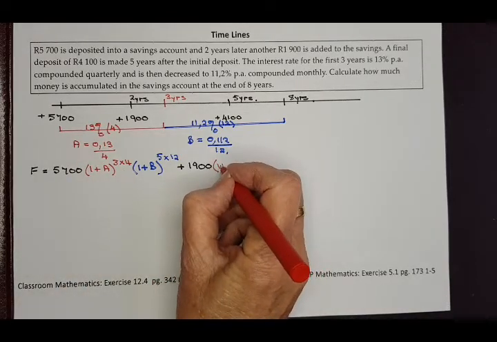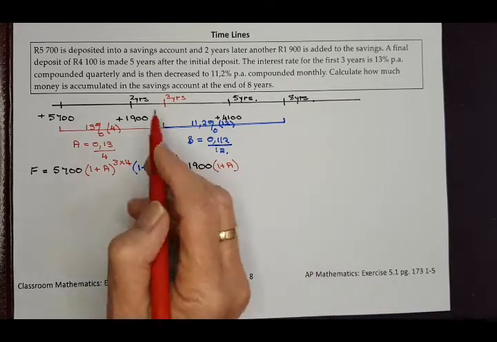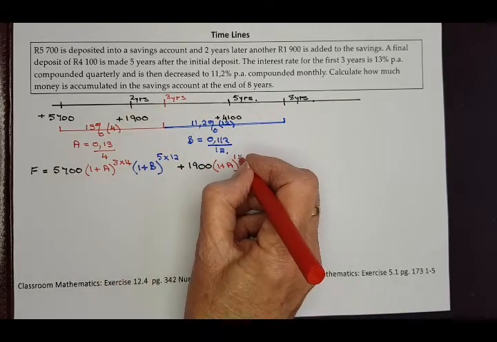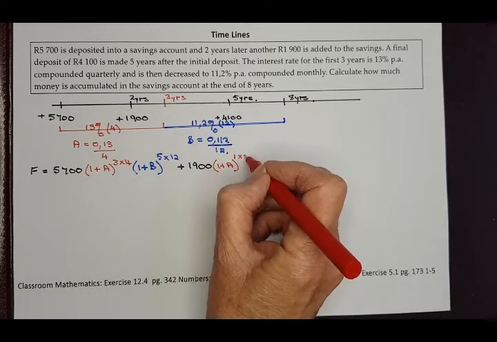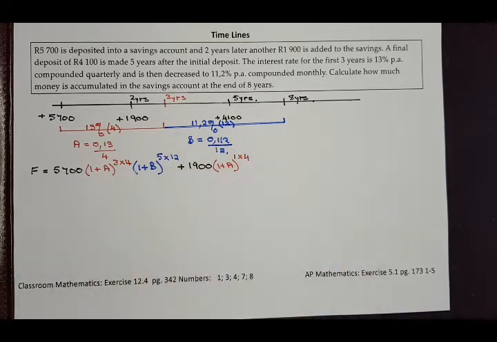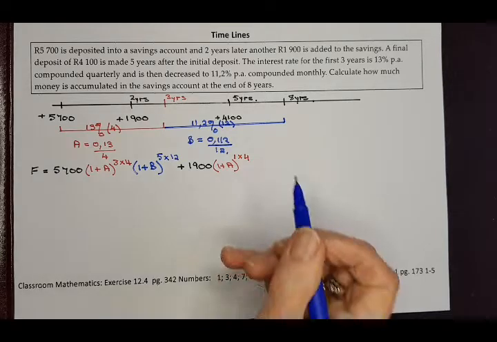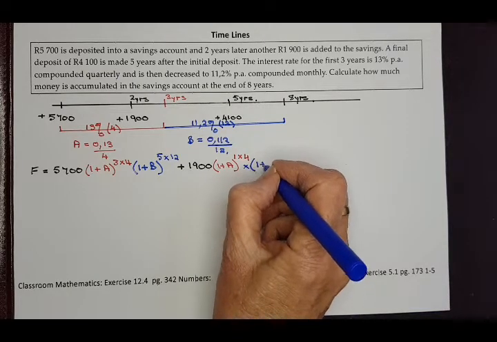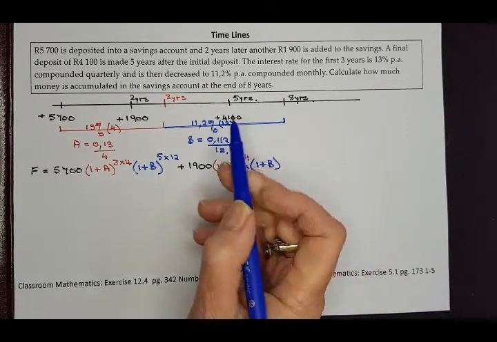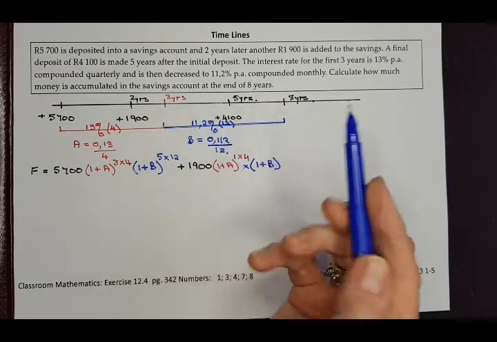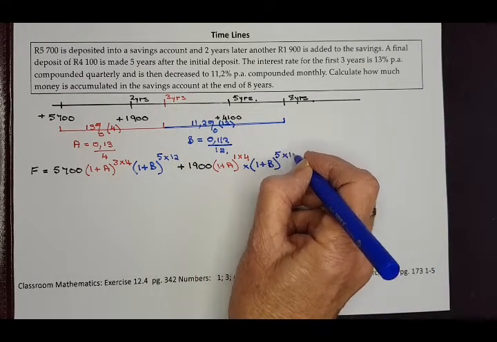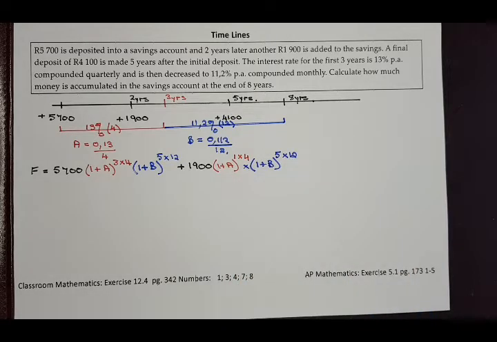So it's 1 plus A. It's only for a period of 1 year, and our compounding period is quarterly. Thereafter, I use interest rate B, 1 plus B. Okay, from 3 to 8 is 5 years, and it is compounded monthly.